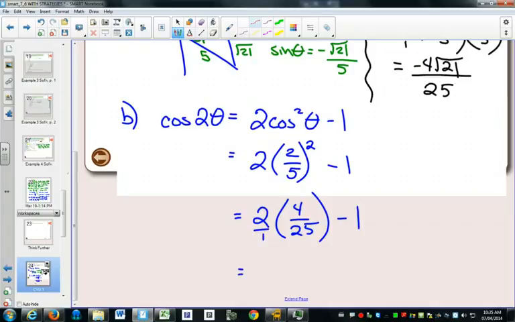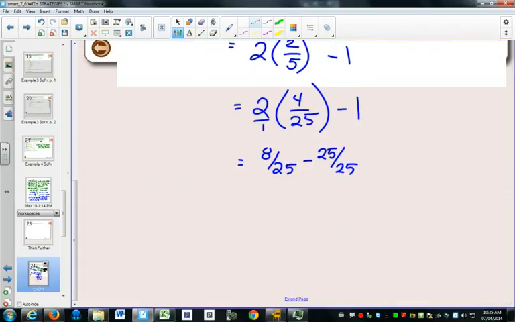Again, this 2 is 2 over 1, so here I'll have 8 over 25. In order to subtract fractions, I'll need a common denominator, so I'll change the 1 to 25 over 25. And you end up with negative 17 over 25.